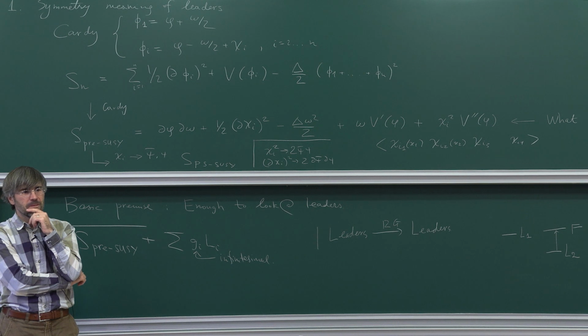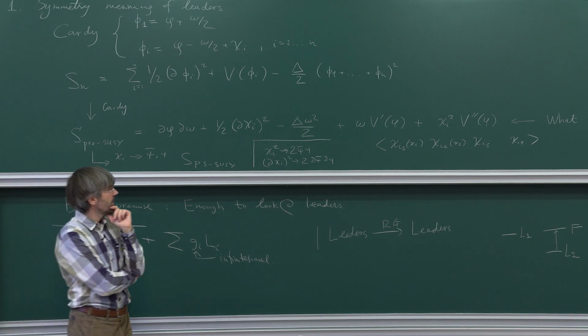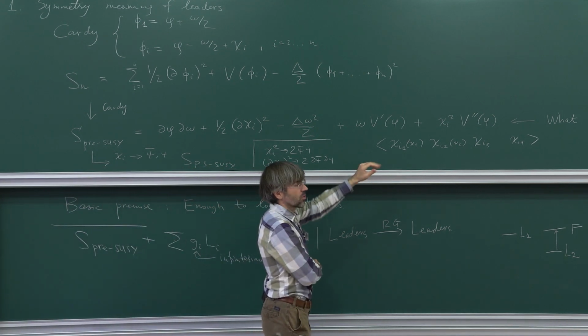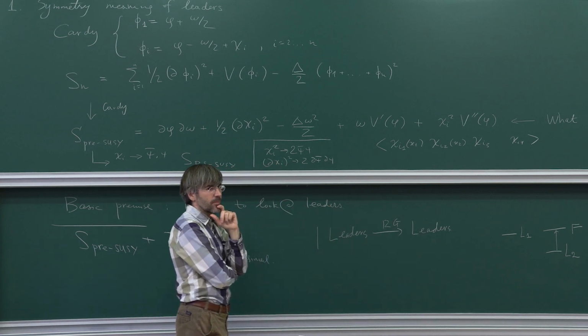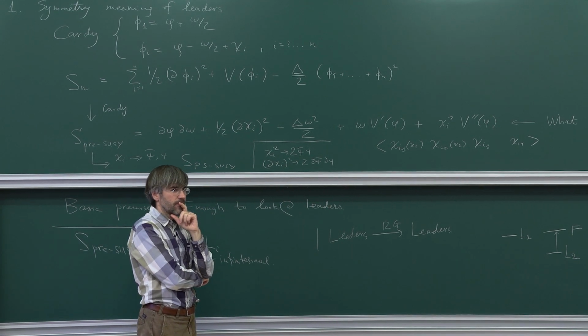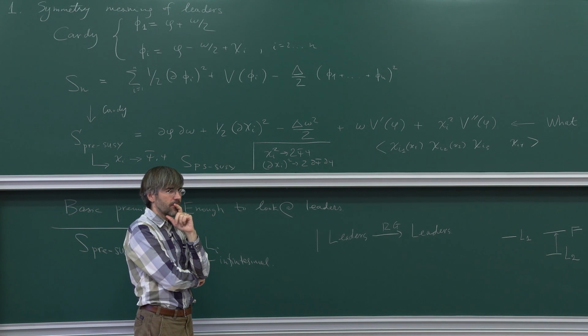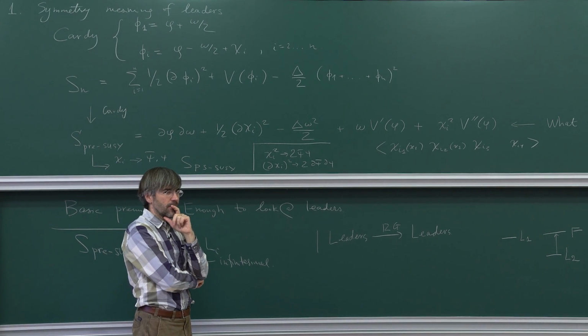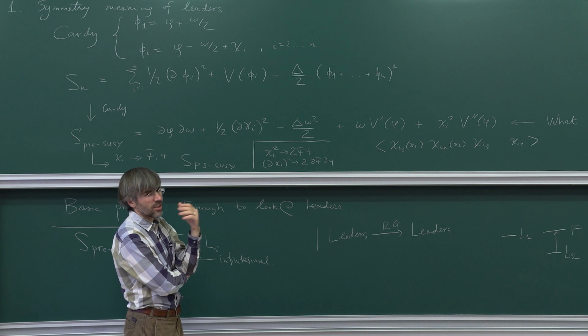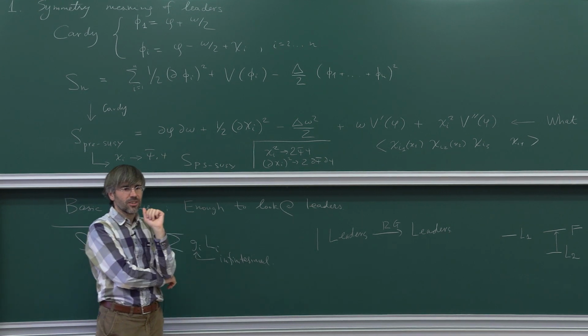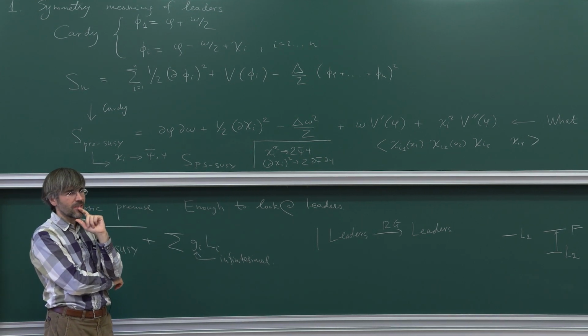And you checked this does not go to 0 when you set n equal to 0? No, it doesn't go to 0. But if you contract indices, let's say I1, I2, then it? If you contract indices, then it will go to 0. But if you don't contract, then it's something non-trivial.